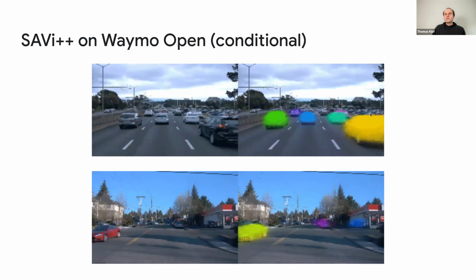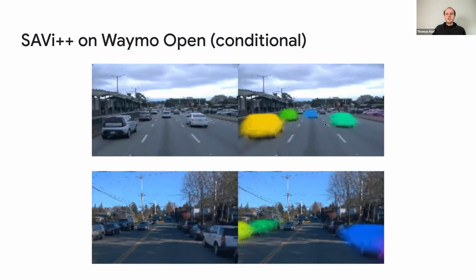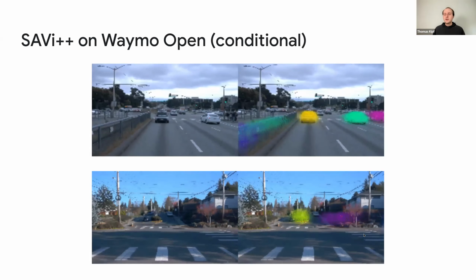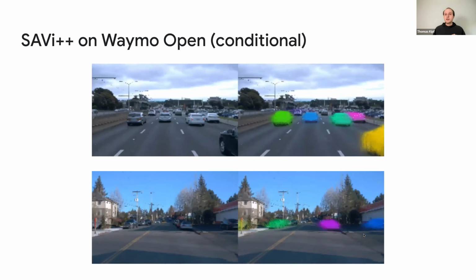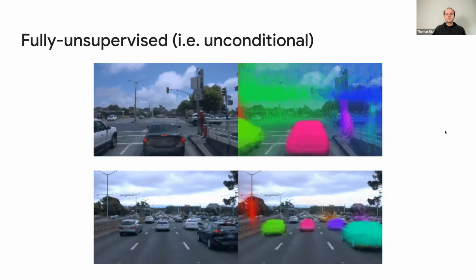Now, these results are far from perfect, but you can see that there's quite some interesting emergent tracking happening, even though some of those slots, especially when an object disappears from the scene, start to grab a new object, or some parts of the environment.